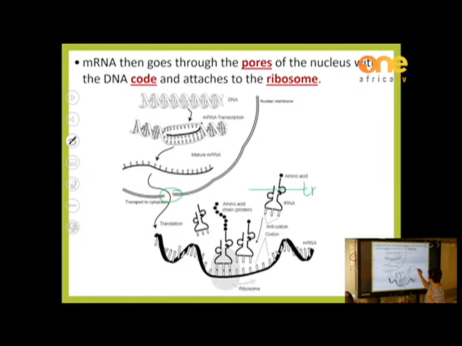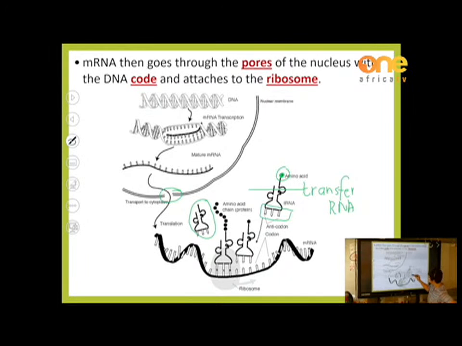In the ribosomes, there are transfer RNA. This is a tRNA or a transfer RNA. We see that attached to each transfer RNA is an amino acid. So this amino acid will only be attached to this specific 3 bases.